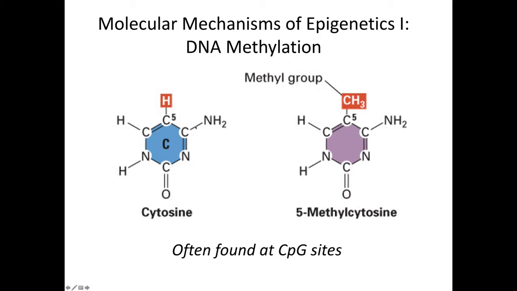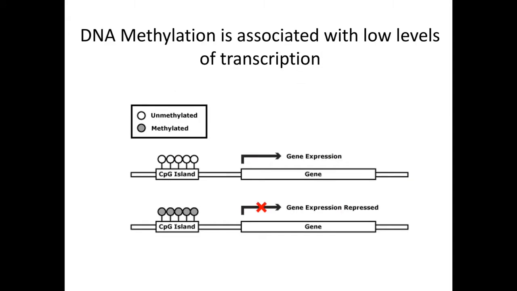These methylated Cs are often found in what are called CpG sites: C, then the phosphate, and G, so nucleotides where one is a C and one is a G right after each other. Methyl groups can be added to DNA, and methylation is often associated with low levels of transcription.